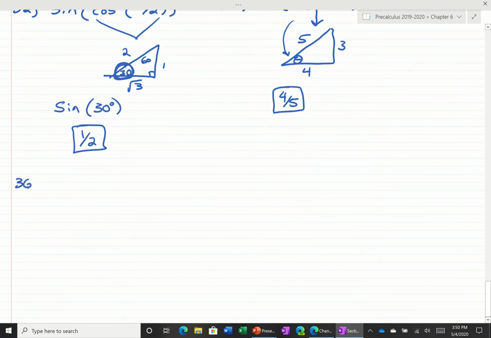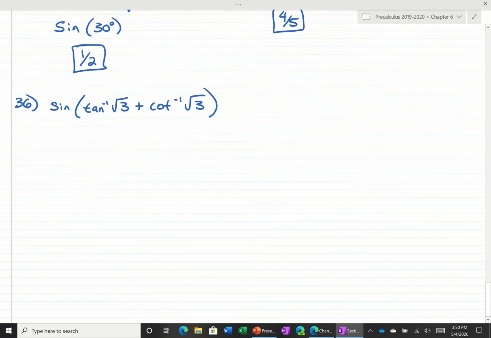Number 36, it's asking us what's the sine of the inverse tangent of root 3 plus the inverse cotangent of root 3. Well, in order to get root 3, that's going to come from our 30, 60, 90 triangle of 1, 2, and root 3.